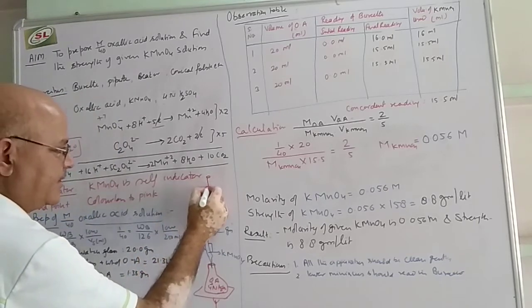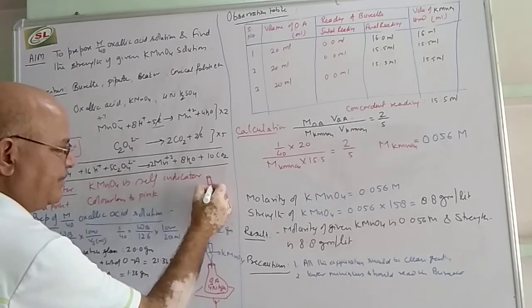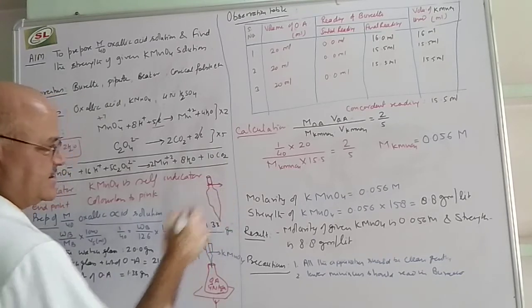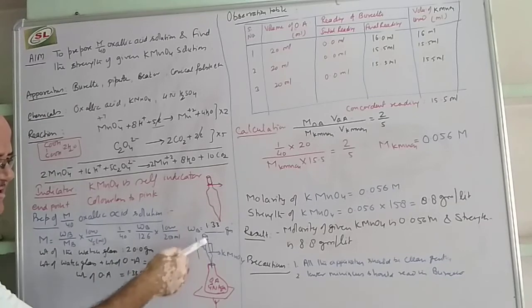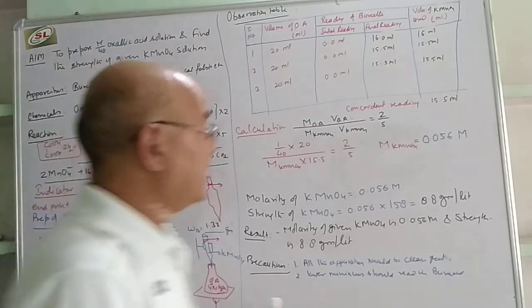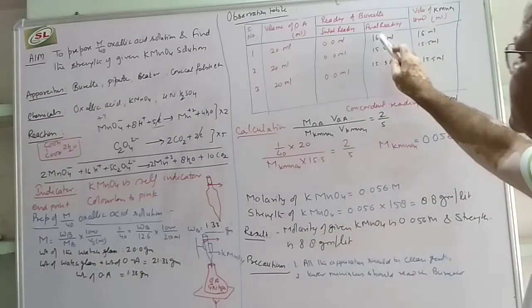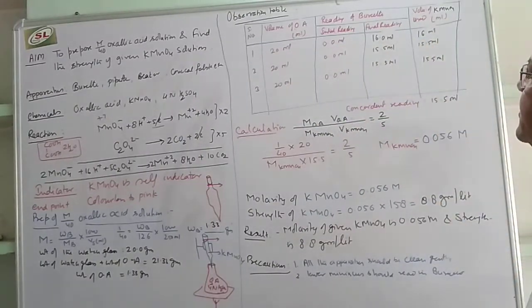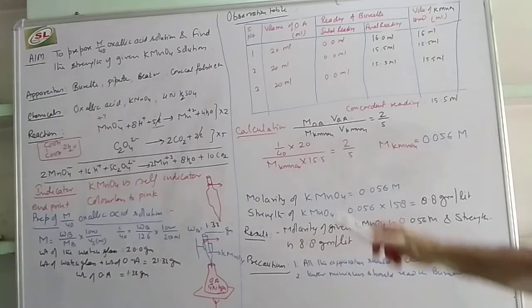While in the pipette, we see the lower meniscus. This is lower meniscus and this is upper meniscus. The difference of the initial and final reading will be the volume of KMnO4 used.